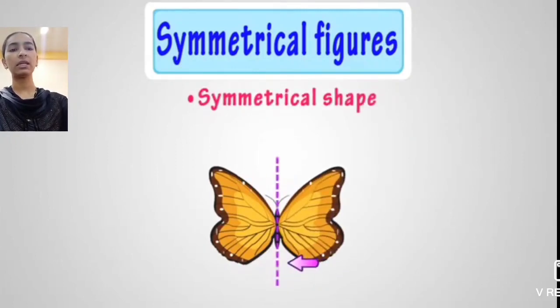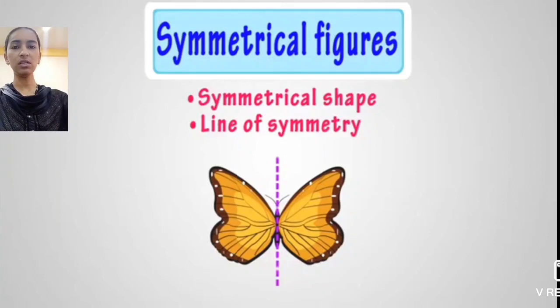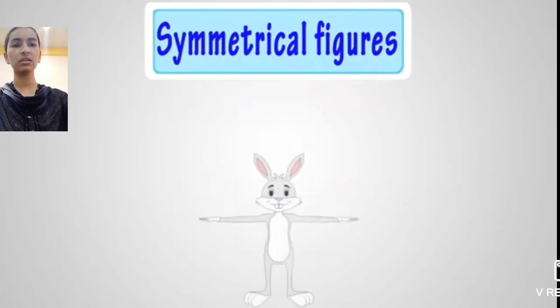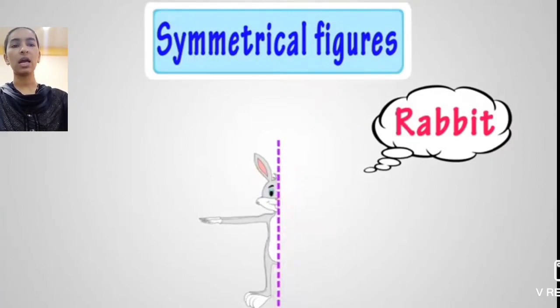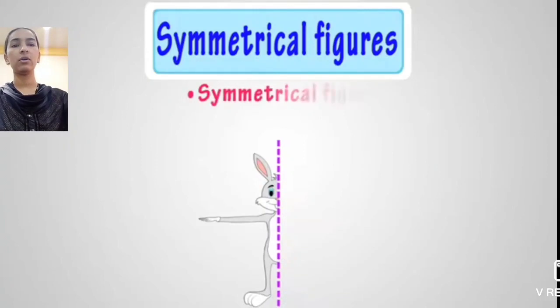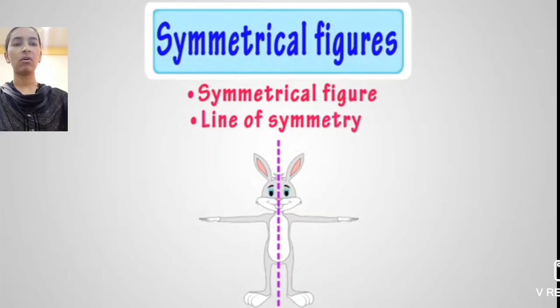And that line is called the line of symmetry, and the figure is called a symmetrical shape. Understand this? Now a rabbit is there. If I draw a vertical line and fold that part, what does it give? It gives the same other half. That line is the line of symmetry, and this figure is a symmetrical figure.